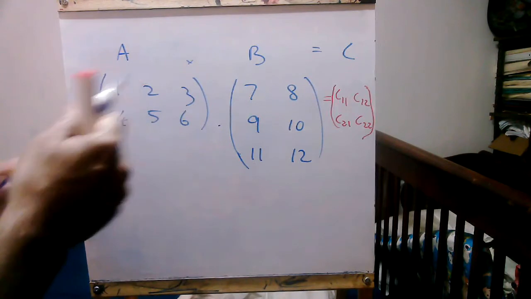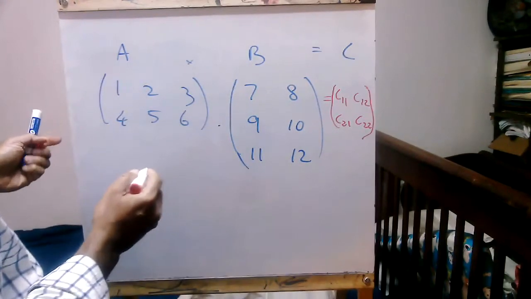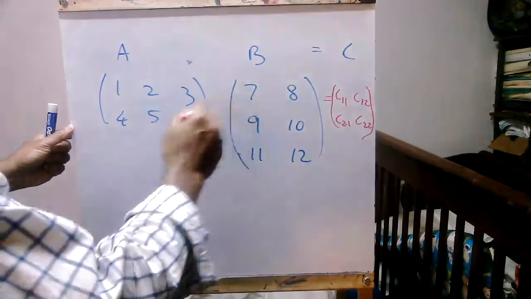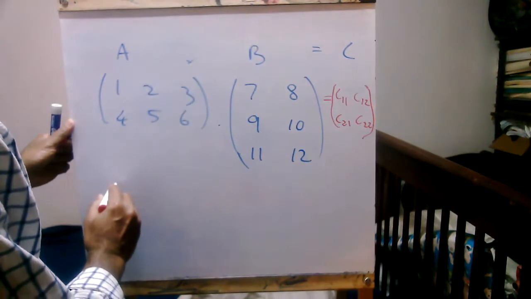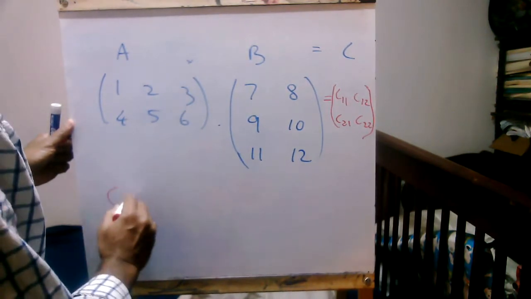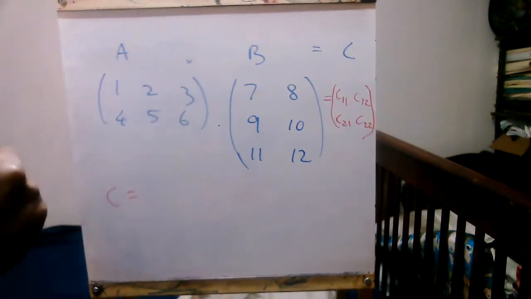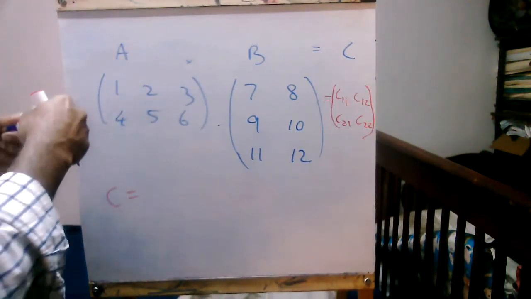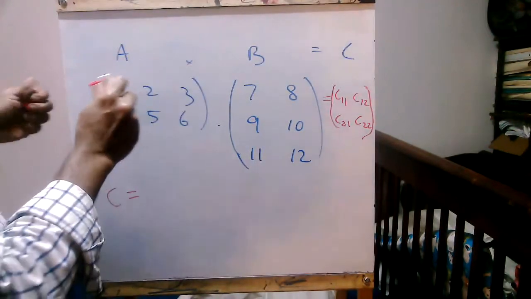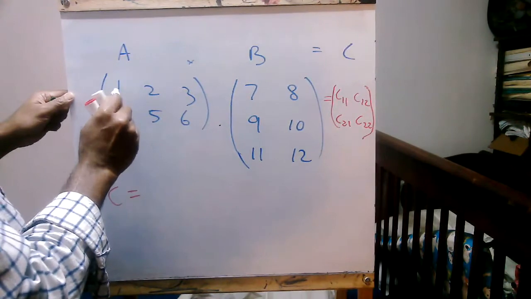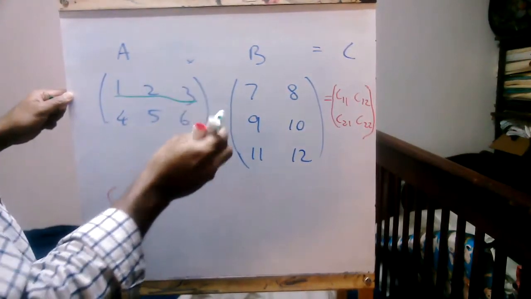Now the product between them is given by matrix C. I'm going to write C here. What we do first, we get the first row. This is my first row, the first row of the first matrix.